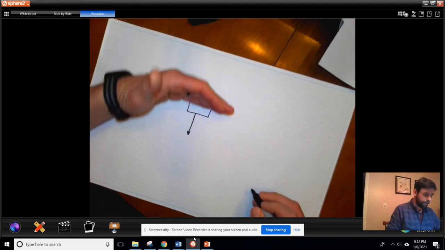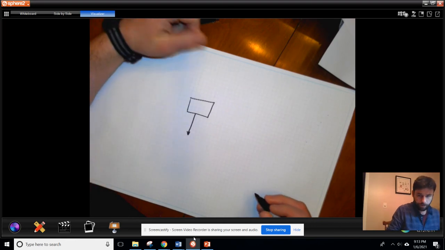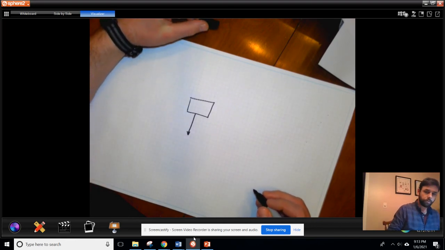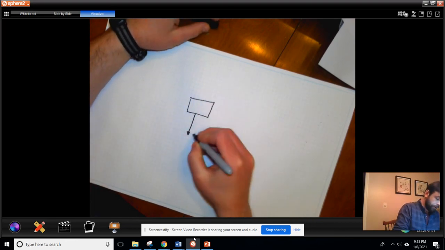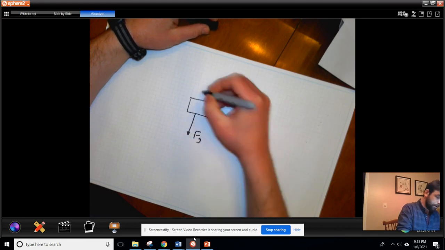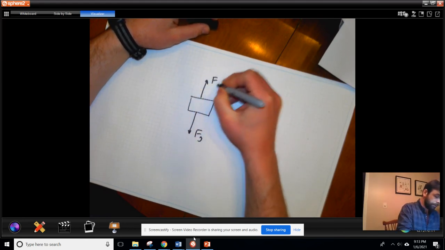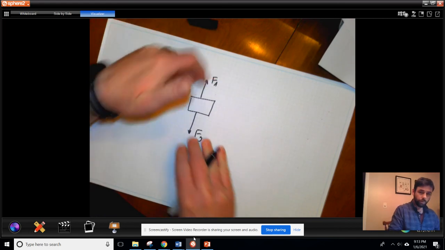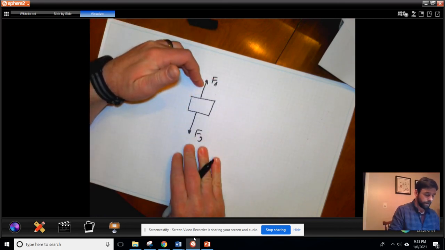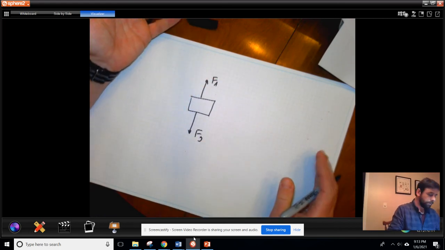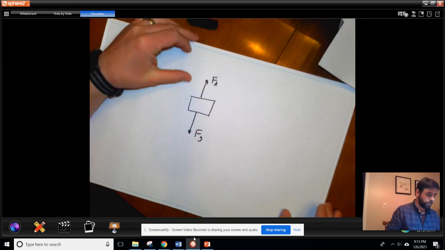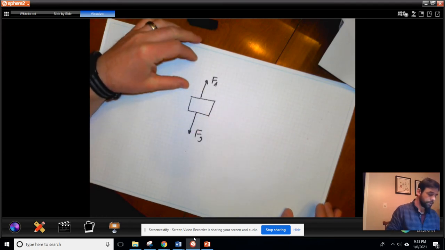Gravity is pulling it down the hill that way. What direction do you need to apply a force to hold it back? Well, if the force of gravity is pulling it that way, we need a force applied to resist that, holding it this way. Okay? It may seem silly, but it could help you out later on. You could help pull a friend out of a ditch if you understand that.